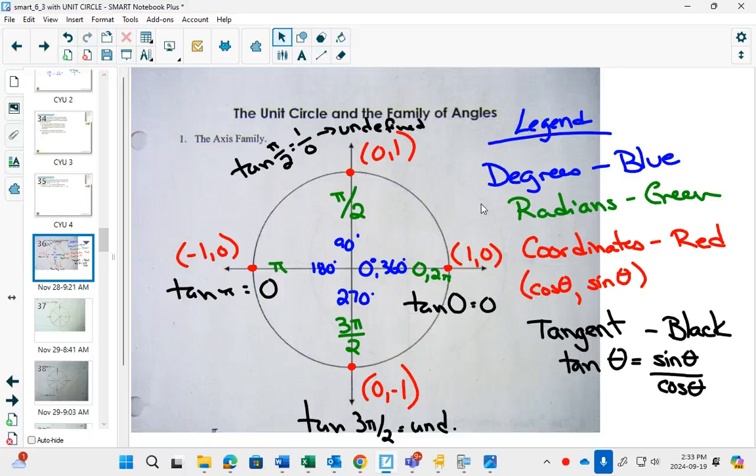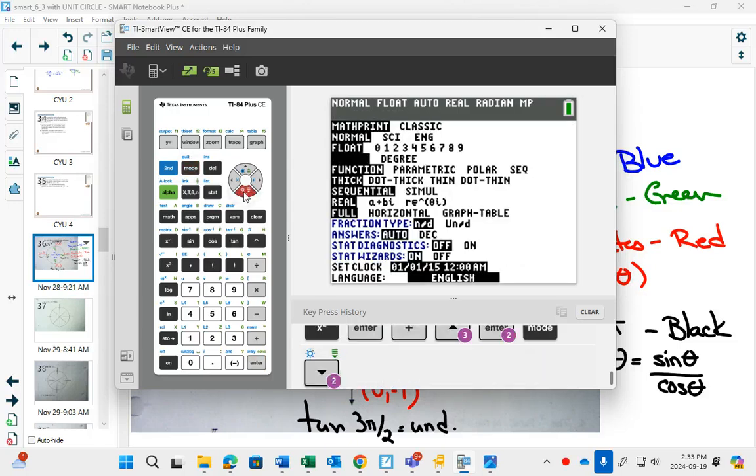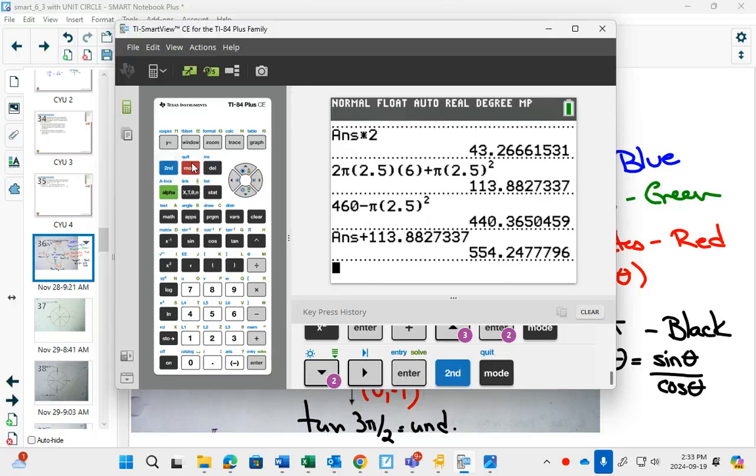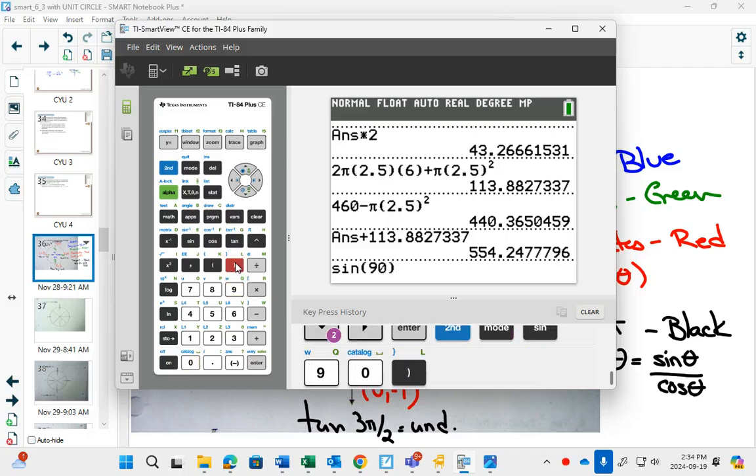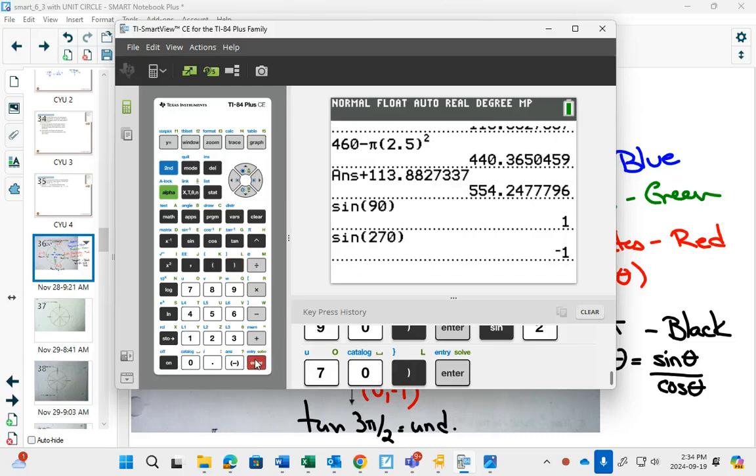If I go to my calculator, making sure it's in degrees, and I go sine of 90 degrees, I push enter, I get 1. What about 270? Sine of 270, I get -1.